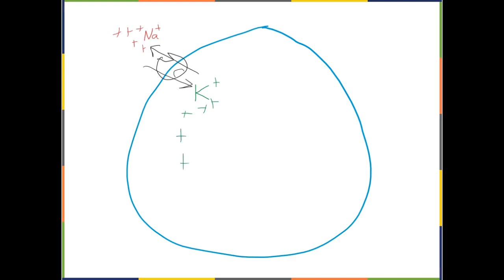So we're going to put a whole lot of potassium in here, and just a little bit more sodium out here, all of these little positive charges. Then you also have inside the cell, let me get a different color, how about yellow, anions, and I'm just going to draw these as an A. This is mostly proteins.